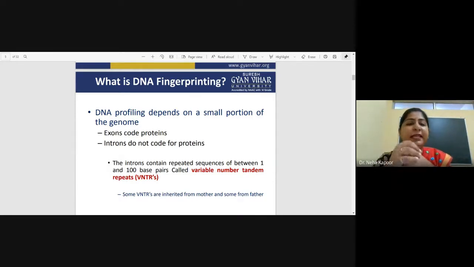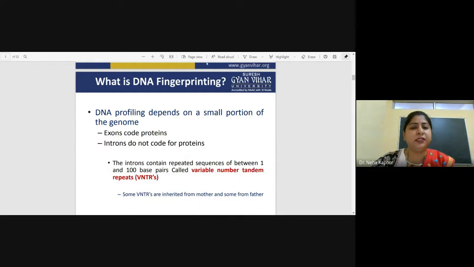However, these introns contain certain repeated sequences which we call VNTR, that is, variable number of tandem repeats. Basically, it is a repeated sequence of length around 1 to 100 base pairs, and there are many kinds of VNTRs present in a particular individual. Some of the VNTRs we inherit from our mother, and some we inherit from our father.